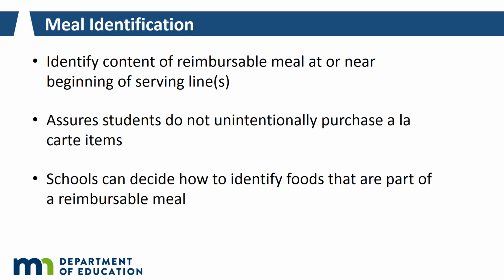This helps ensure students understand the components of the reimbursable meal and do not make unintentional purchase of a la carte foods. Schools have discretion as to how to identify the foods that are part of the reimbursable meal, but at a minimum, a menu, daily or monthly, must be posted as well as a sign at the front of the serving line that indicates that students must select at least a half cup of fruit or vegetable as part of the meal.